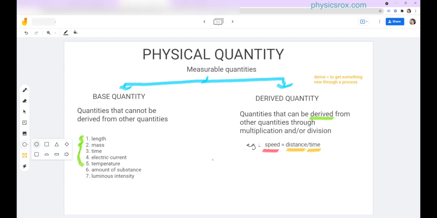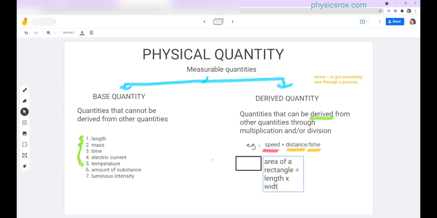Another example: let's say I want you to count the area of a rectangle. How do you count the area of a rectangle? Do you know the formula? Correct. Area of a rectangle is length times width.